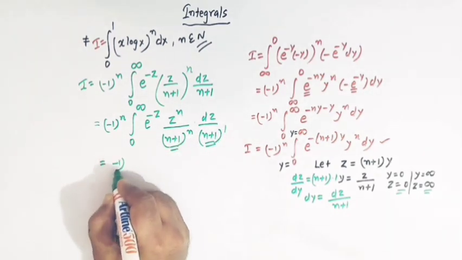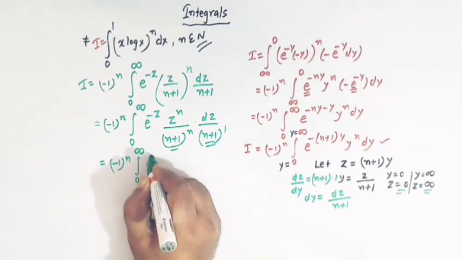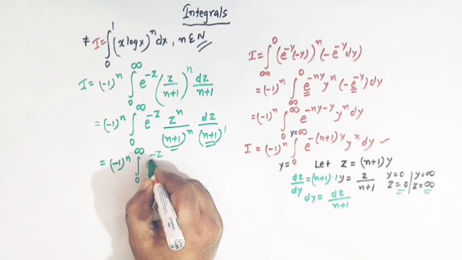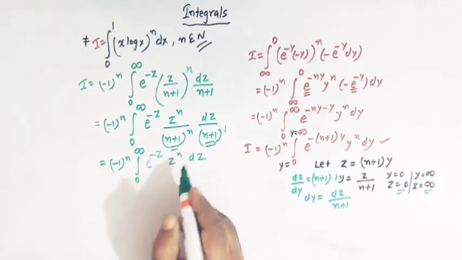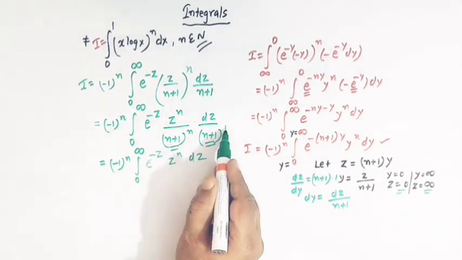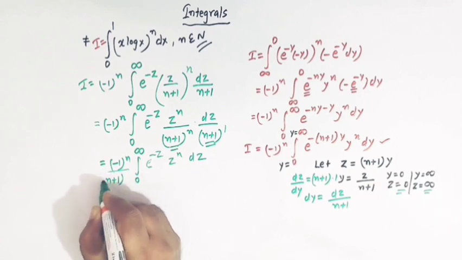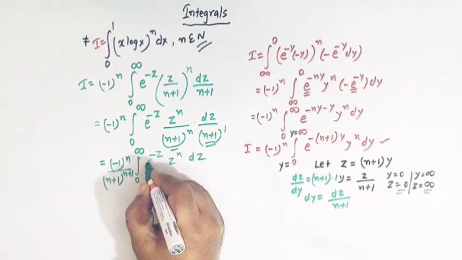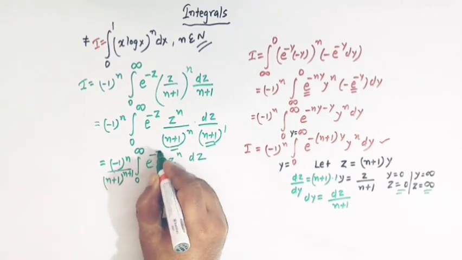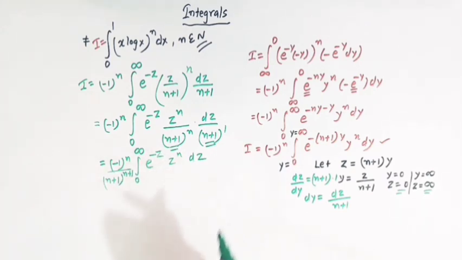So we have minus 1 raised to n, 0 to infinity, then e raised to minus z, and then z raised to n dz, and n plus 1 raised to n plus 1, right? So we can take it outside the integral. So we have n plus 1 raised to n plus 1, right? Okay, so now we have this expression, and let us apply the concept of gamma function to this integral.